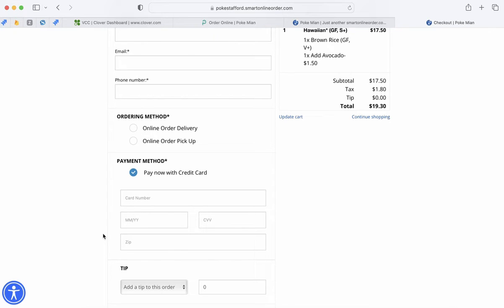They're not physically inserting the card into your credit card machine or the Clover device, which is called a card present transaction. So these types of transactions are called card not present, and they're considered higher risk.